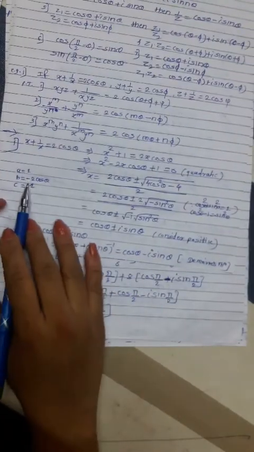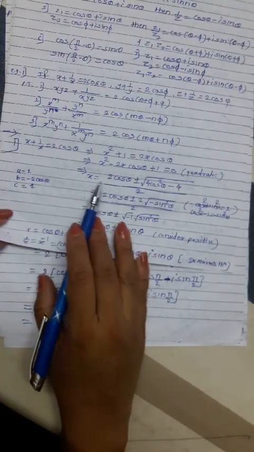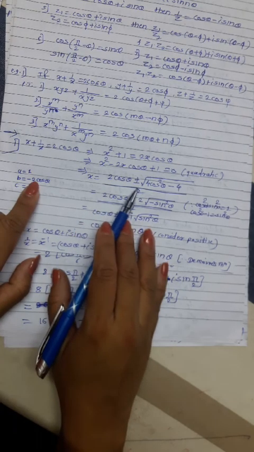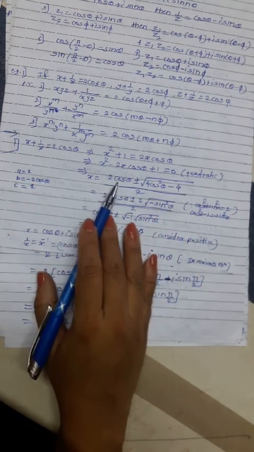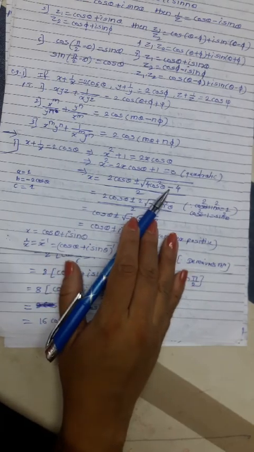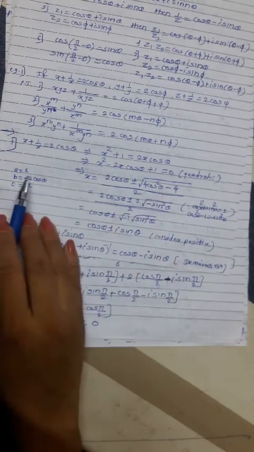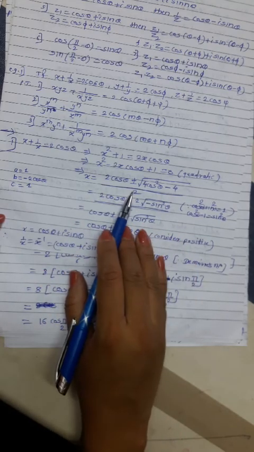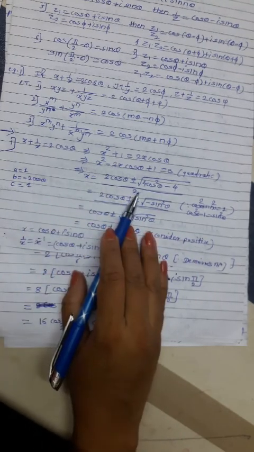Now use these numbers in the formula. Minus b, that is plus 2 cos theta, plus or minus square root of b square, that is 4 cos square theta, minus 4 into a into c, 4 into 1 into 1, that is 4, divided by 2 into a, that is 2 into 1, that is 2.